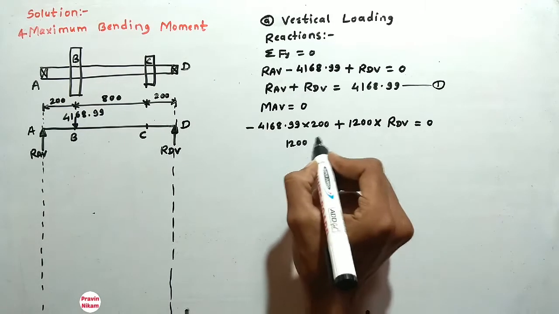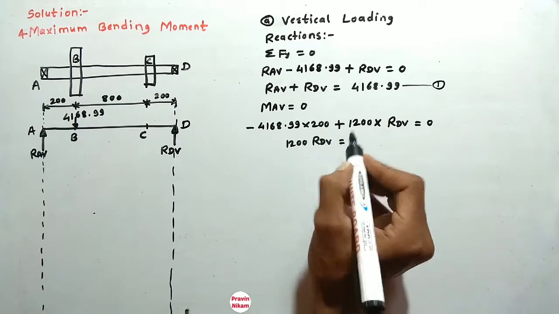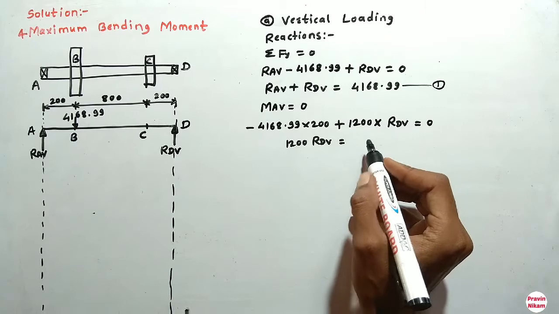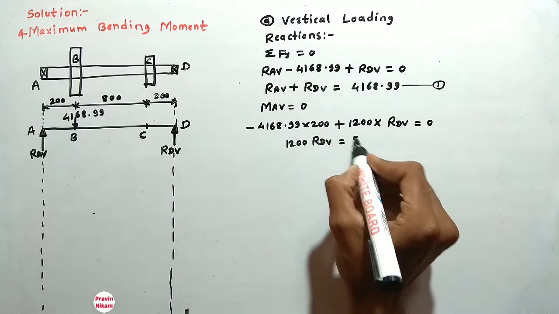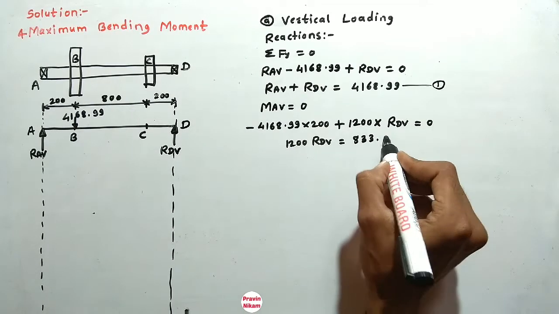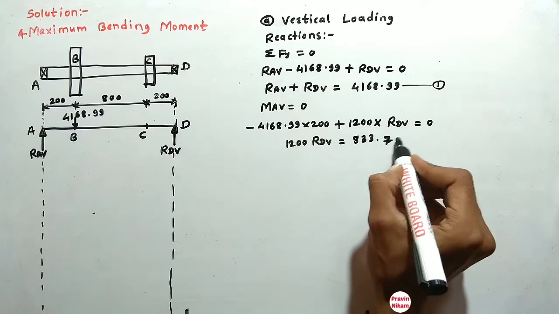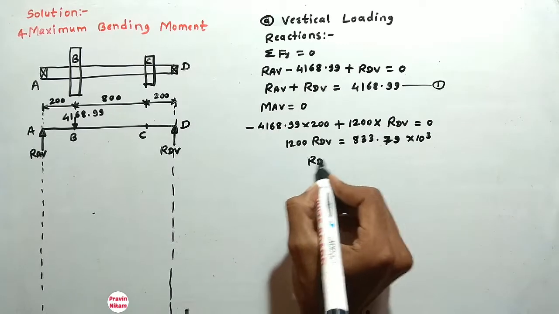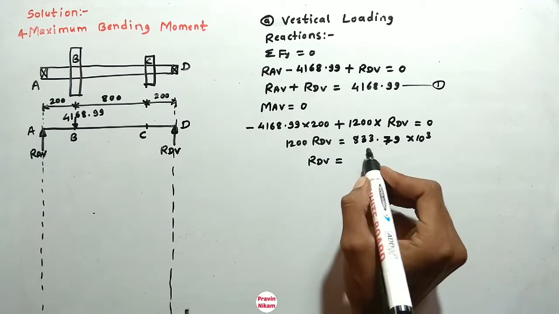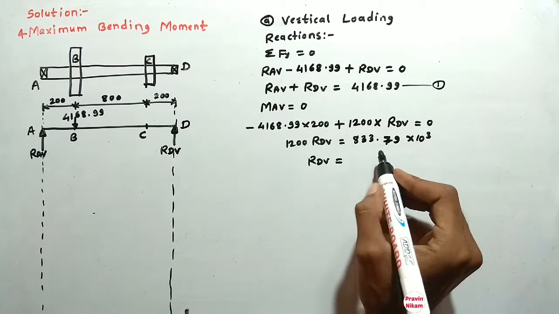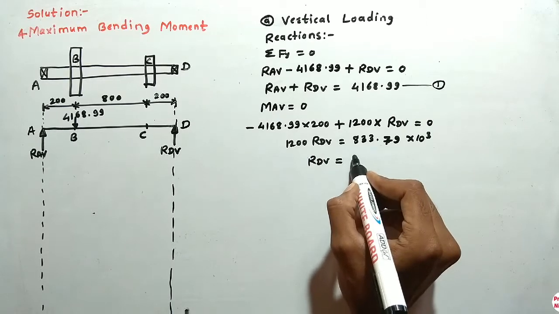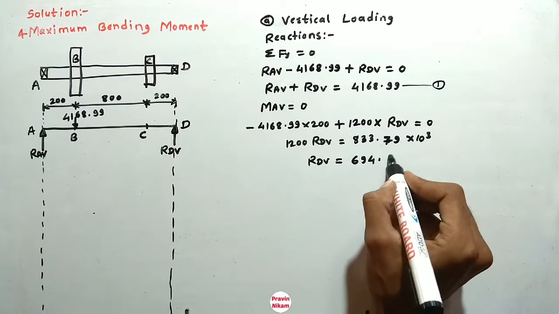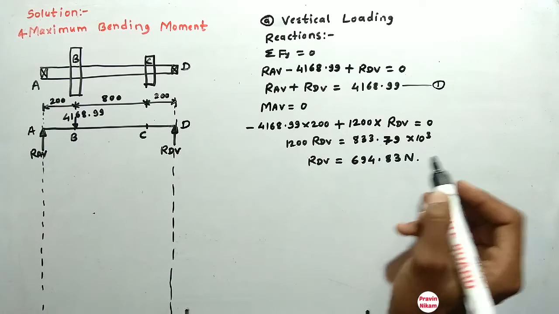Therefore 1200 RDV is equal to, this value becomes positive, 833.79 into 10 raised to 3. Now 1200 goes to the other side and divides this value. So RDV is equal to 694.83 Newton.